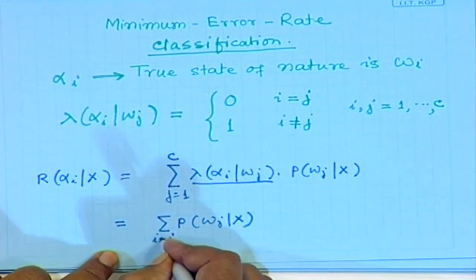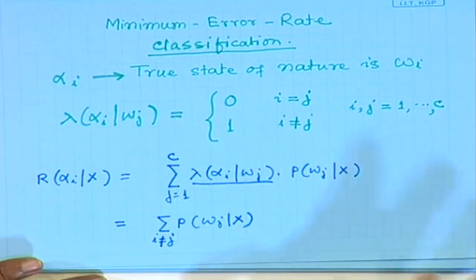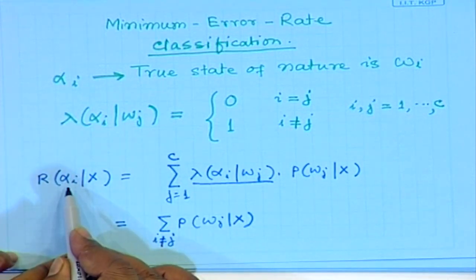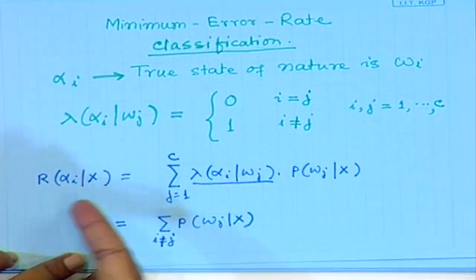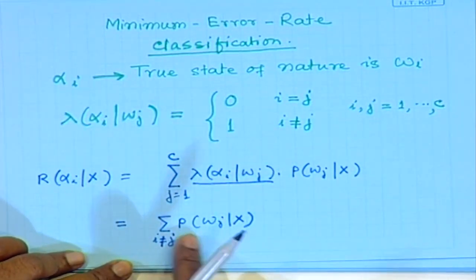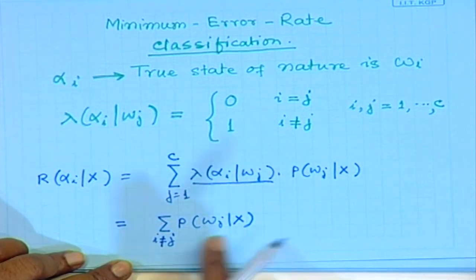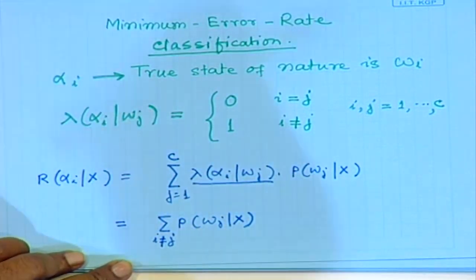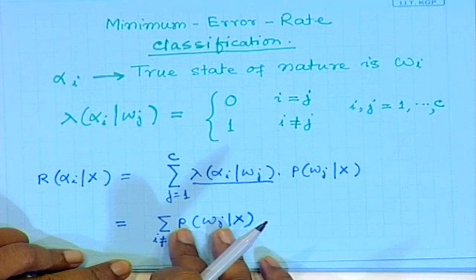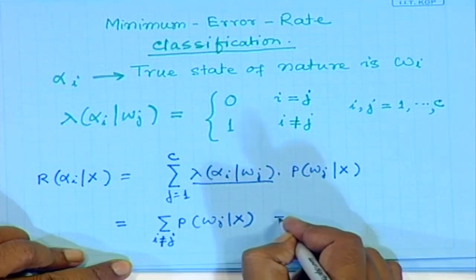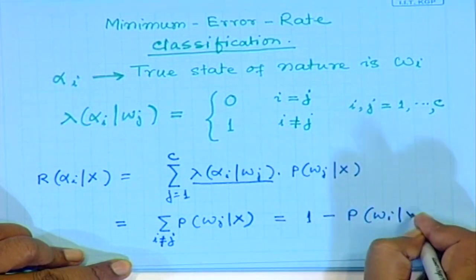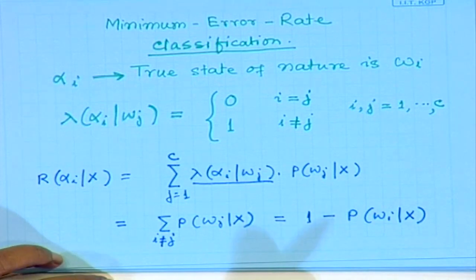Now, only one value of j is equal to i. The total summation of all these probability values p of omega j given x for all values of j is equal to 1. Out of that, this is the summation where i is not equal to j, and this is nothing but 1 minus p of omega i given x, right.